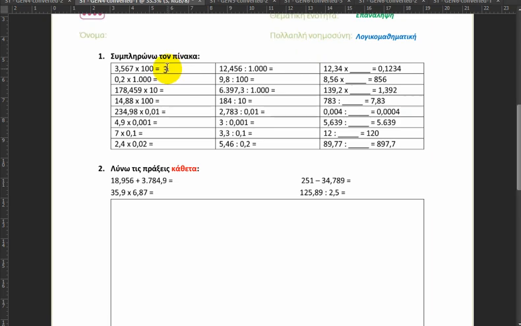Better. 356.7. The second one would be 200. The third one would be 1,784.59.